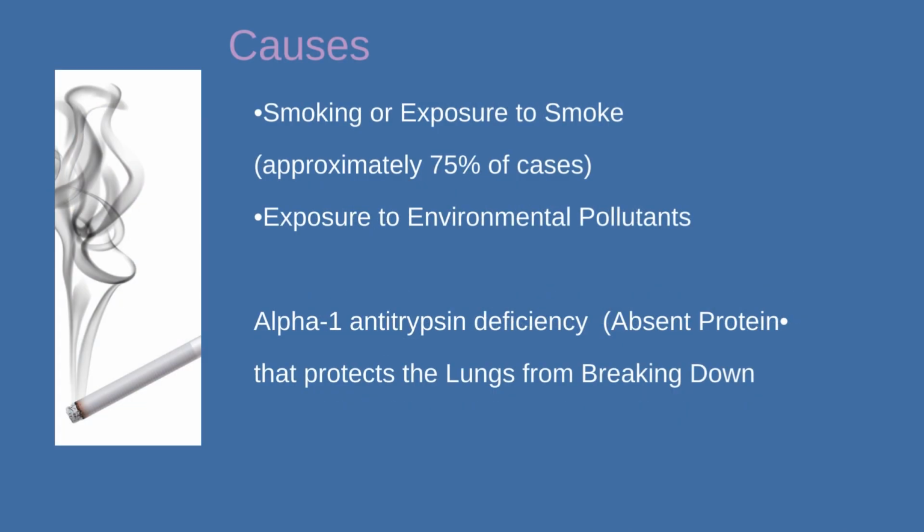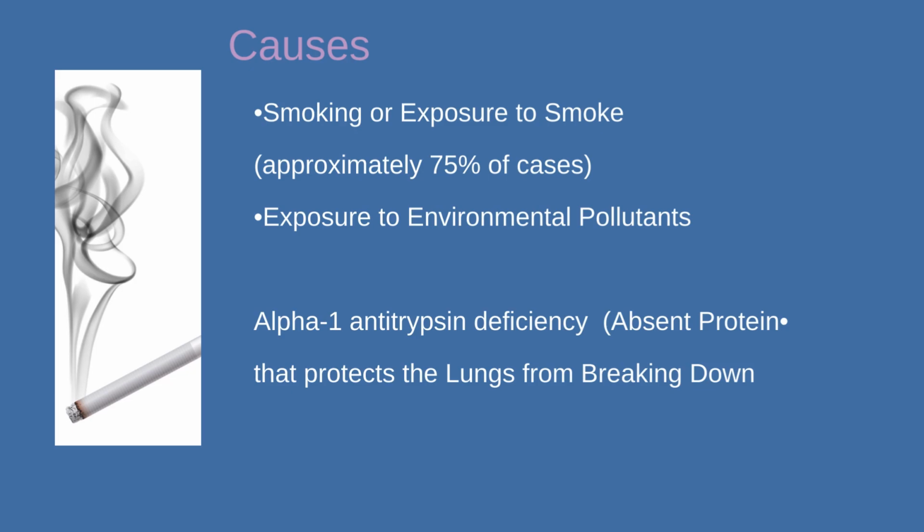So what are some causes of COPD? Primarily COPD is caused from exposure to smoke. I think 80% of COPD patients are caused from smoking. It says 75% in this case, but the data shows varying degrees.